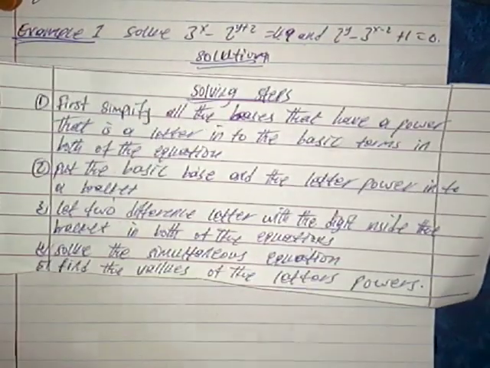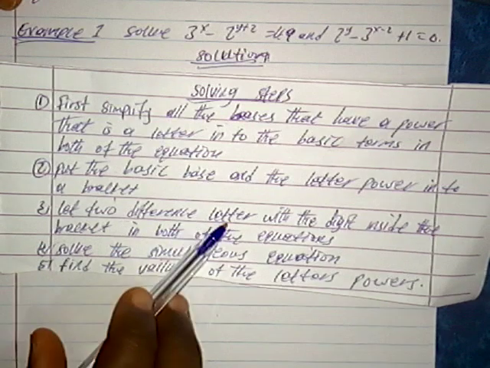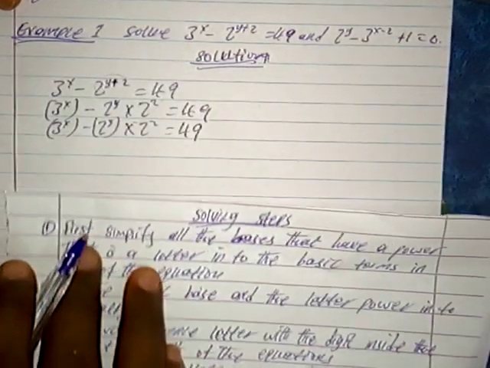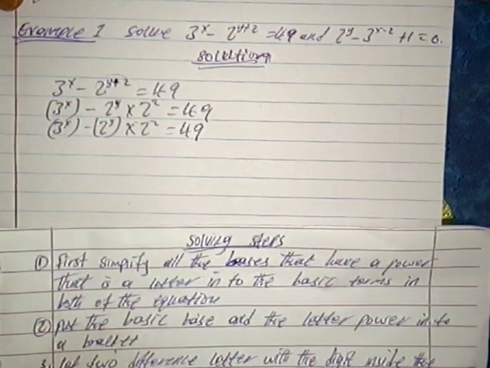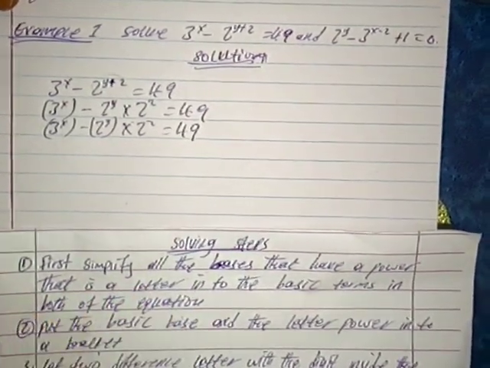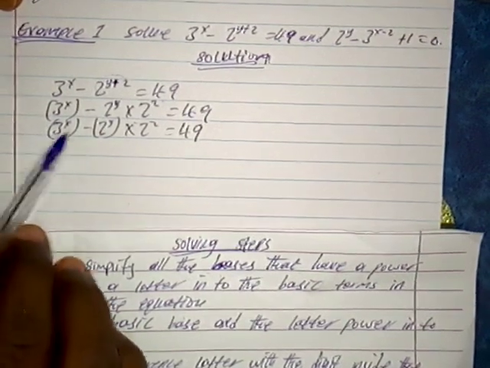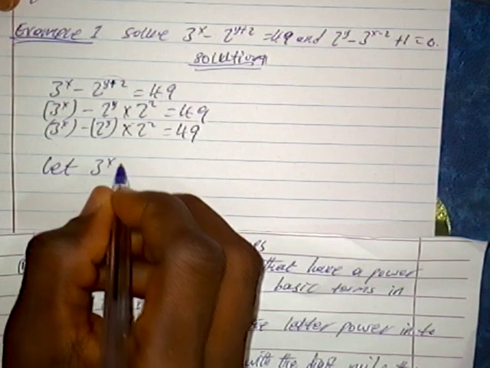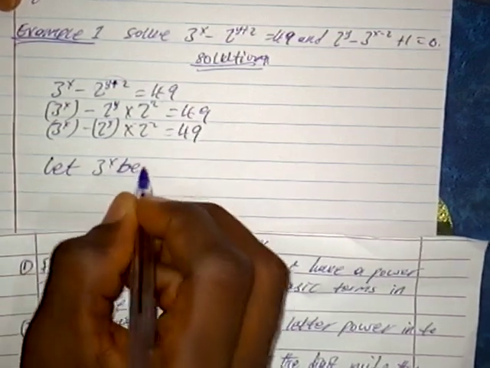What next? The next step, see here. Let two different letters stand for the terms inside the brackets in both of the equations. Now we are going to let two different letters, any ones. You choose any letter. You are going to let them stand for what is inside a bracket. Which bracket? These 2 brackets. So you say let 3 raised to the power x be what?